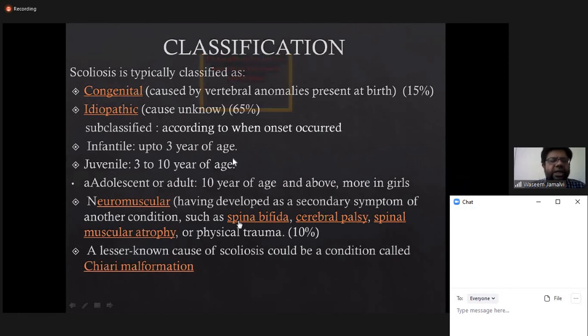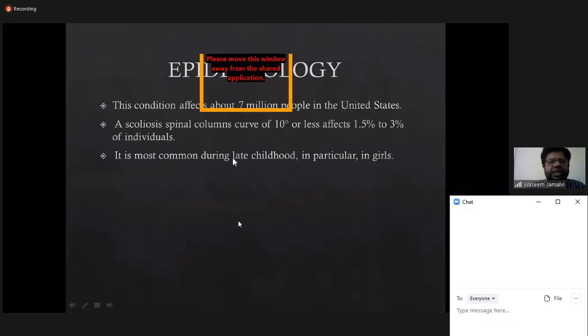A lesser known cause of scoliosis could be secondary to Chiari malformation. Chiari malformation is basically a presentation of hydrocephalus, and in case of hydrocephalus, there is a chance of this disease as well.